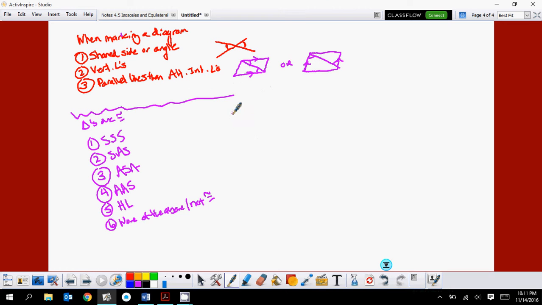When you go to actually write out the statement, let's say we know that the triangles are congruent by something like side, side, side, or side, angle, side, or whatever. Then you've actually got to write out that triangle ABC is congruent to triangle whatever. So I'm going to give you an example here, one that's most commonly missed. Parallel lines, boom, alternate interior angles. Shared side, boom.